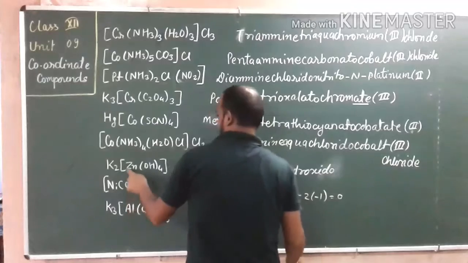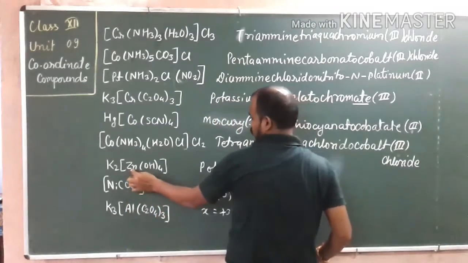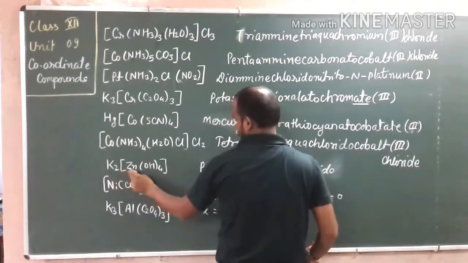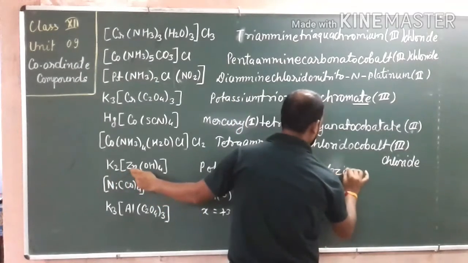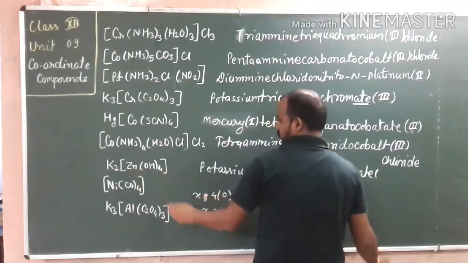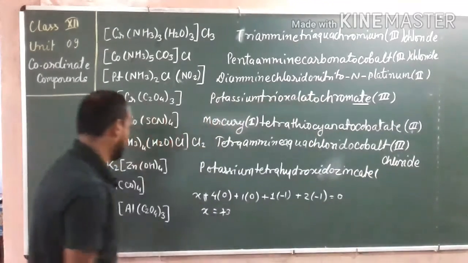Zinc, so is it zinc or zincate? Since there is something before the square bracket, it will be zincate. And the oxidation number, so calculate the oxidation number.